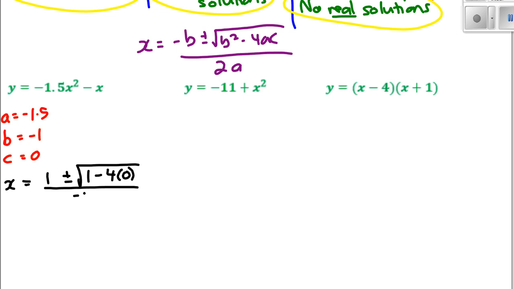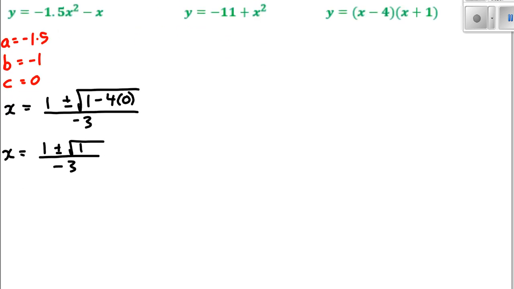So x equals 1 plus or minus the square root of 1 minus 4 times 0, which is the square root of 1. Looks like we're going to get an answer this time, which is lovely. We've got 2 solutions: 1 plus the square root of 1 over 3, and 1 minus the square root of 1 over 3.